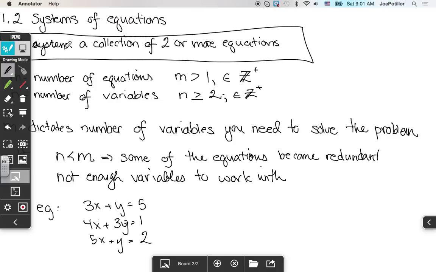What I mean by one of the equations becoming redundant is that you can basically combine it into one of the other equations, and you can work with it that way. It's still solvable, but in other words, you overwrote the equation. You gave yourself too much information, so we combine it into one equation, and then we can work that way.